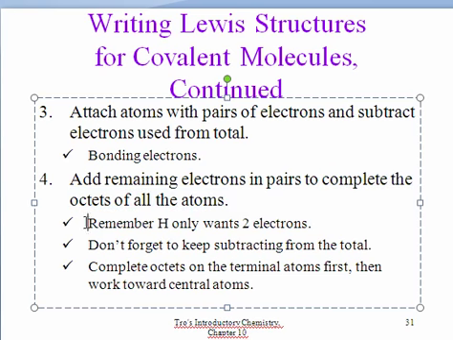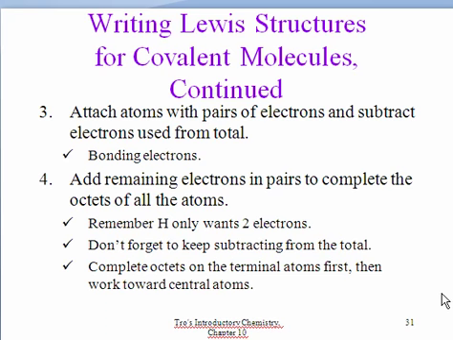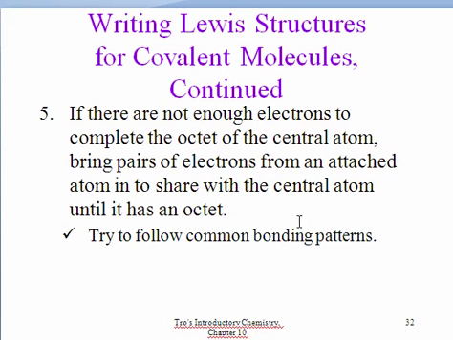We want to remember that hydrogen only wants 2, boron is okay with 6, beryllium is okay with 4. At this point, if there's not enough electrons to complete the octet, then we want to share more by using double or triple bonds. And we want to try and follow the common bonding patterns. That's going to help us figure out if we're on the right track or not.